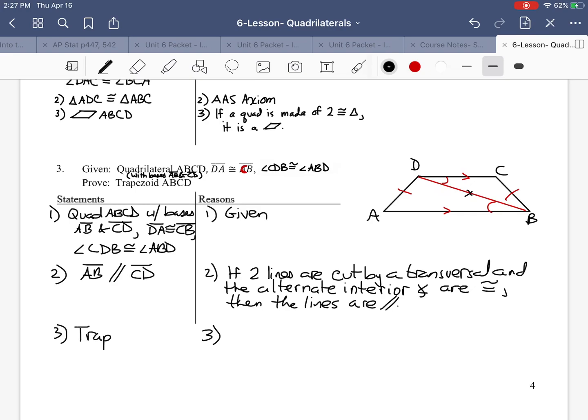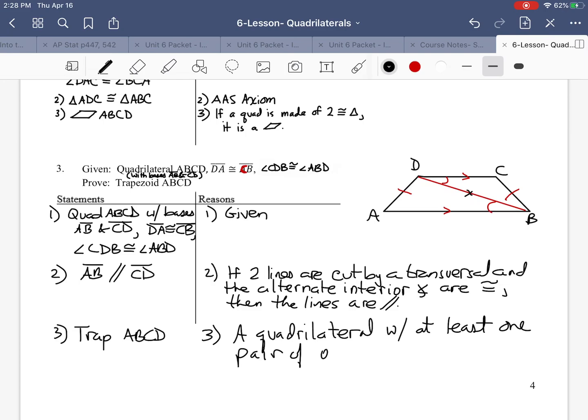All right, so trapezoid ABCD, a quadrilateral with at least one pair of opposite parallel sides. They'd have to be opposite in order to be parallel, but we say it anyway. Is a trapezoid.